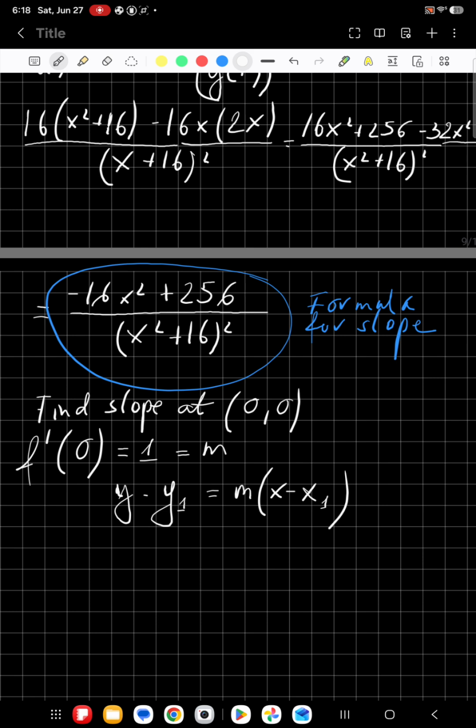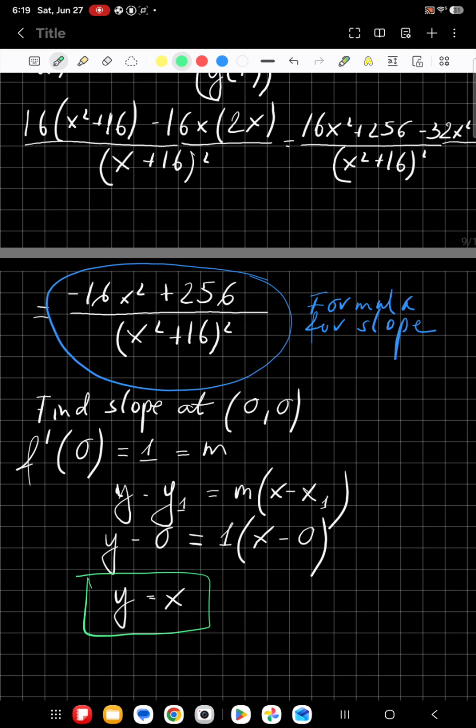We'll use this point to give us our x1, y1. So we have y minus 0, slope was 1, x minus 0. So we get y equals x. That's the equation of the line tangent to the graph at the origin.